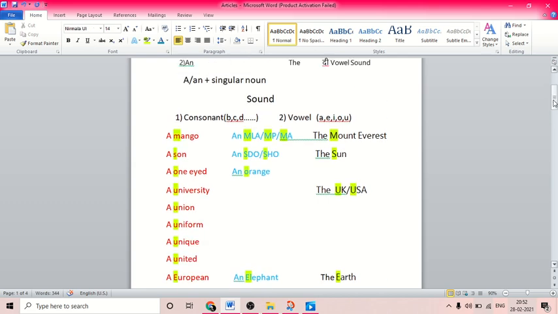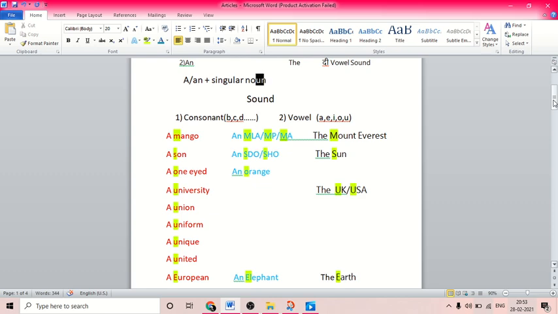Now let's see the pronunciation of a and an while using them with a noun. A mango. Though it is written a, it is pronounced as uh. Second one, though it's written an, it's pronounced as un: an MLA, an SDO, an orange.